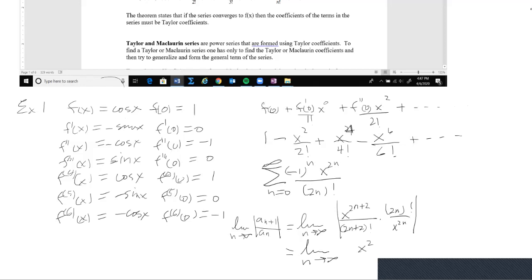And this 2n plus 2 factorial, you lose the first factor, we'll have a 2n plus 2. And the next factor is a 2n plus 1. And the next factor, which would be a 2n factorial, would cancel with this factor in the numerator. So this is all we have so far.